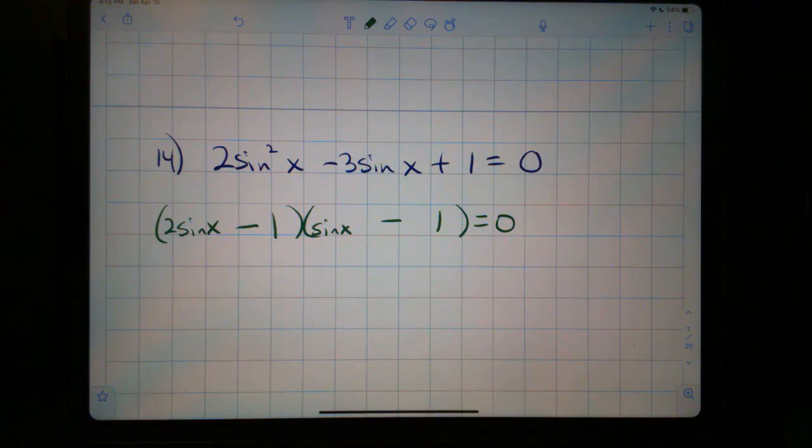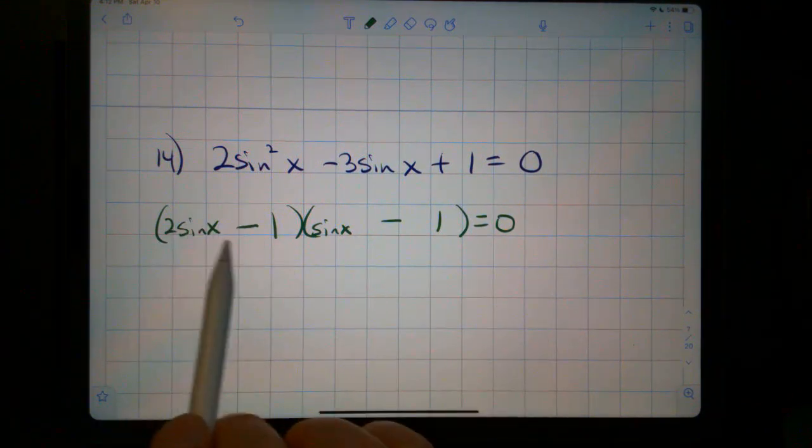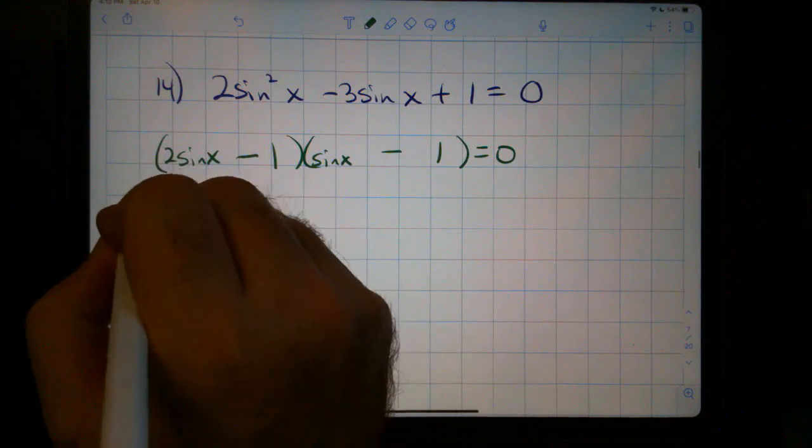So this factors. The zero product property says that if the product of two numbers is 0, then the first item is 0 or the second item is 0. So set both of these to 0.